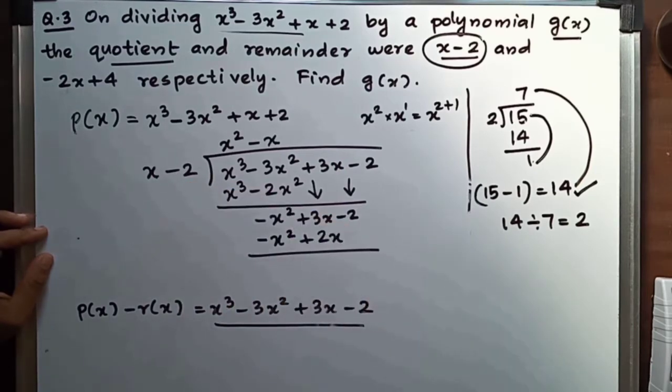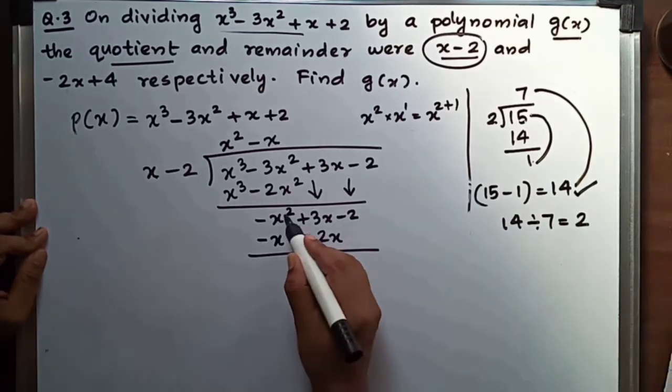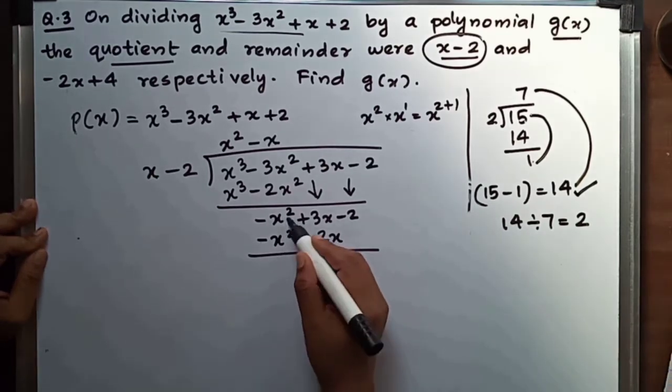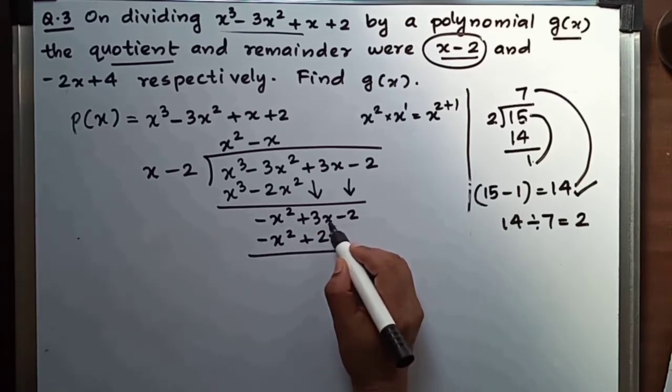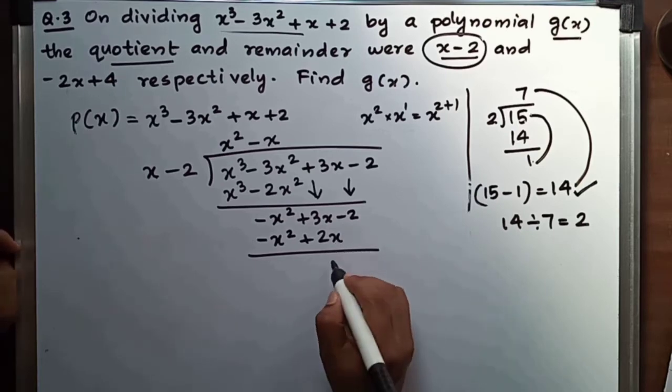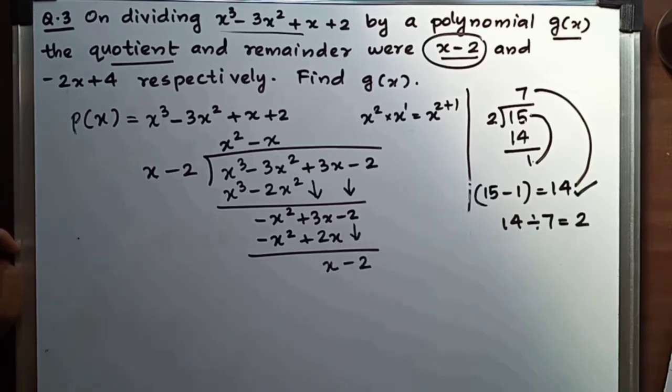Again we are going to do the subtraction. Here x square minus x square, it is gone. What is left? 3x minus 2x, that is x. Now what is left here? Minus 2.